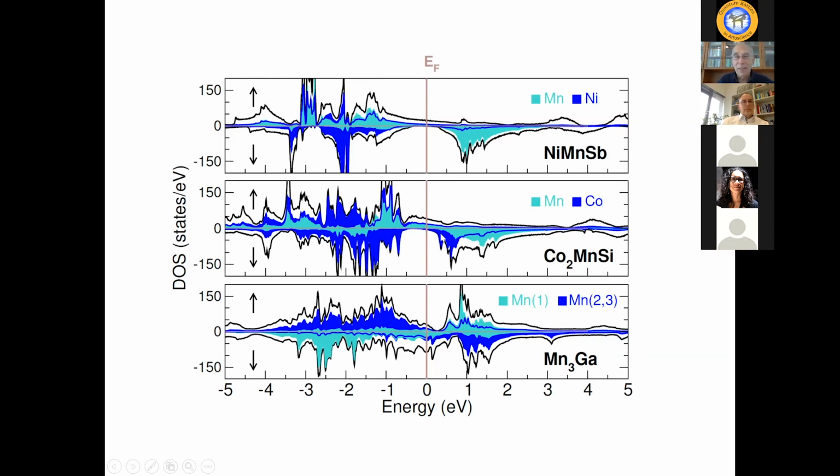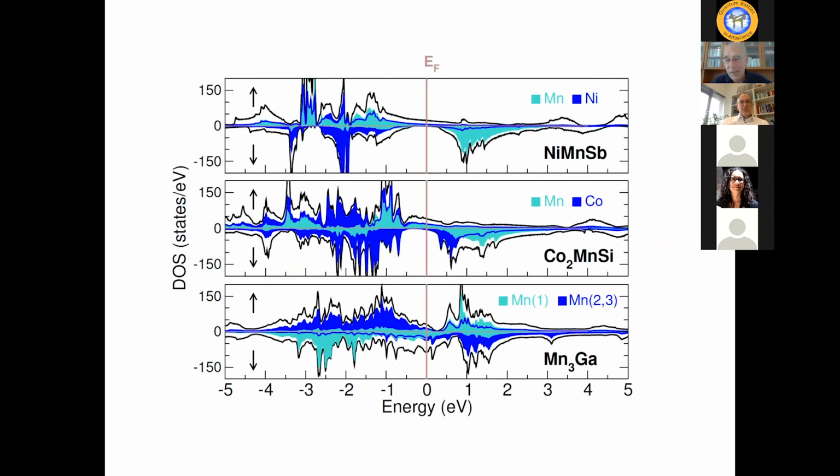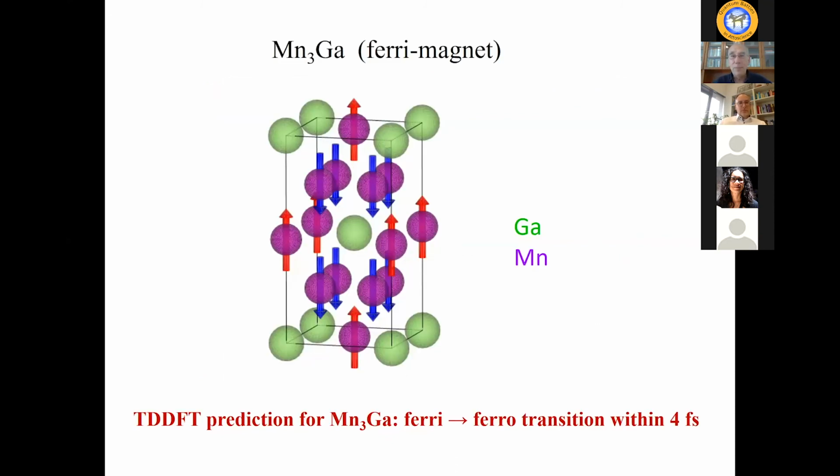And then there's more complicated cases where both the downspin electrons can move from one atom to another and the upspin electrons can move. This is for a compound manganese-3 gallium. This is especially tricky. This is a ferrimagnet, where you have an opposite spin arrangement of the spins, but they don't compensate, so it's not an antiferromagnet.